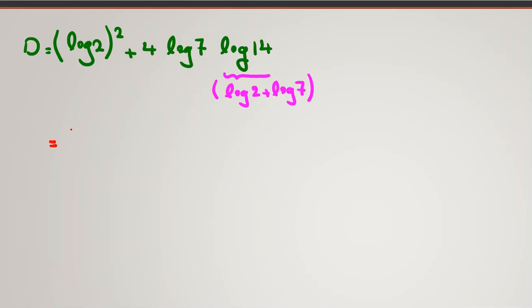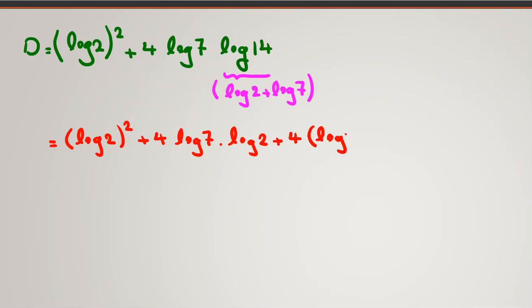So we can conclude it is log 2 squared plus 4 times log 7 times log 2 plus 4 times log 7 times log 7, which is log 7 squared.